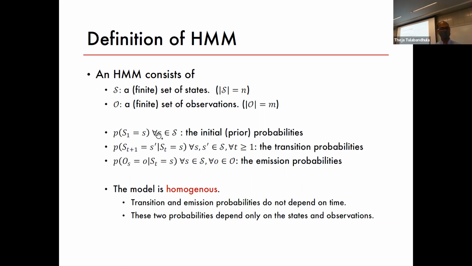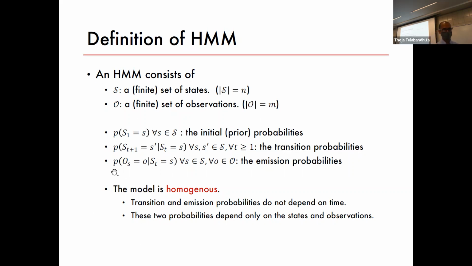Given these three, and of course, to define them you need to know how many states and how many observation values there are, this is a complete description of a hidden Markov model, at least this version. It can be changed in a lot of ways.